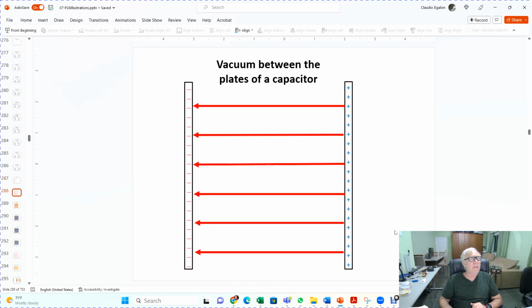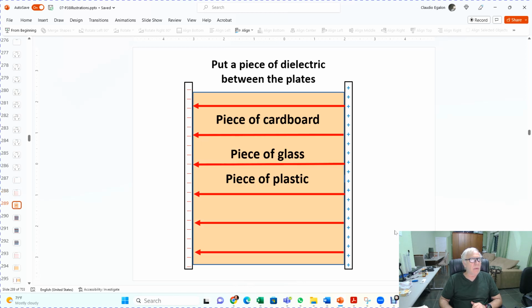And we do have this electric field between those two charged plates. And then if I decide to introduce a piece of cardboard or a piece of glass or a piece of plastic, something is going to give. The electric field still goes through those devices, okay? The electric field does permeate the material. Yes, it does.